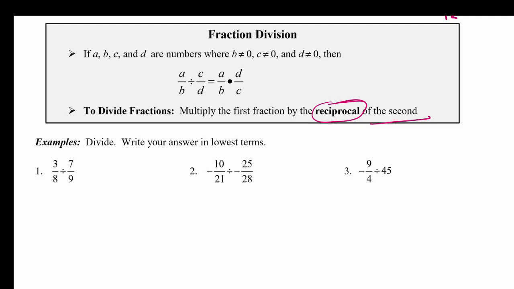And so I've had some students in the past tell me that they remember how to divide fractions by doing something they called keep, change, and then flip. So let me show you how that works with our first example. So we have 3/8 divided by 7/9.